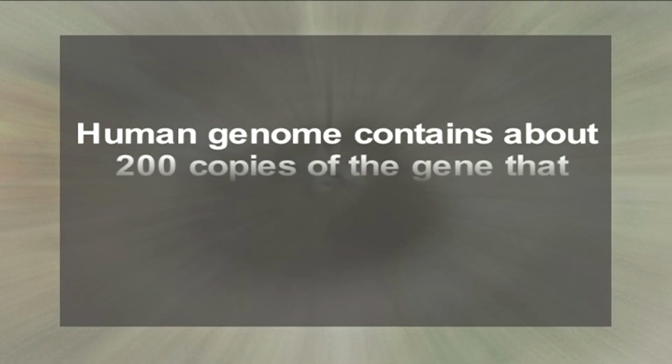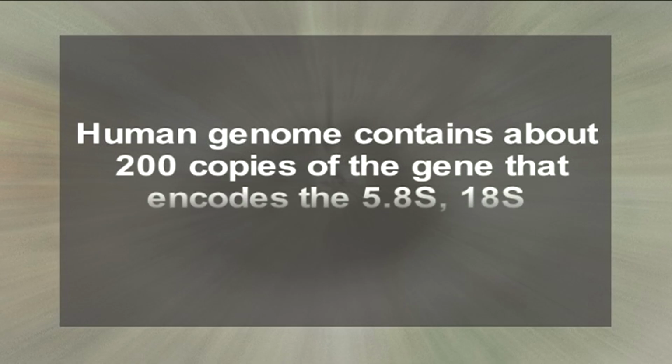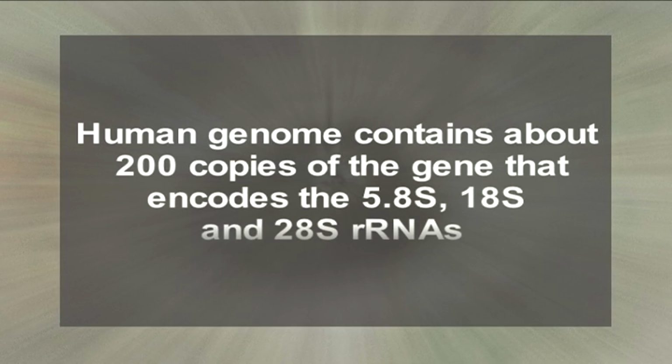To meet the need for transcription of large number of rRNA molecules, all cells contain multiple copies of the rRNA genes. The human genome contains about 200 copies of the gene that encodes the 5.8S, 18S, and 28S rRNAs and approximately 2000 copies of the gene that encodes 5S rRNA.